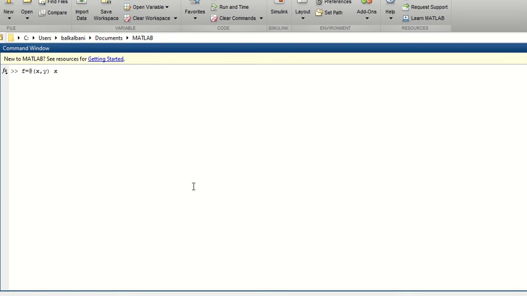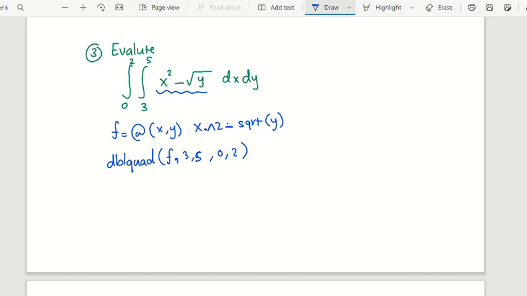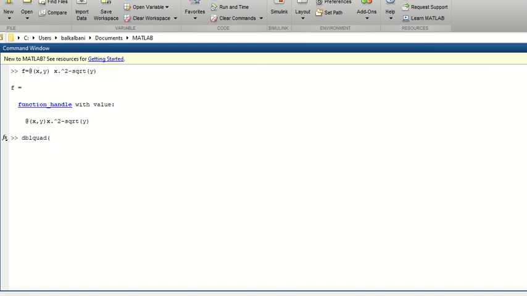We have x dot to the power 2 minus sqrt of y, enter. Then we have double integral, dbl cubed, of f, 3 comma 5, 0 comma 2, enter. So we get this value.